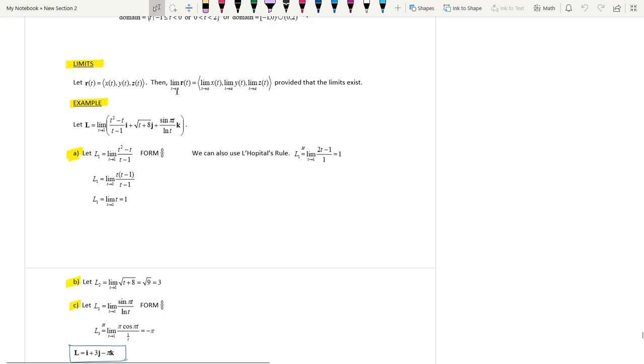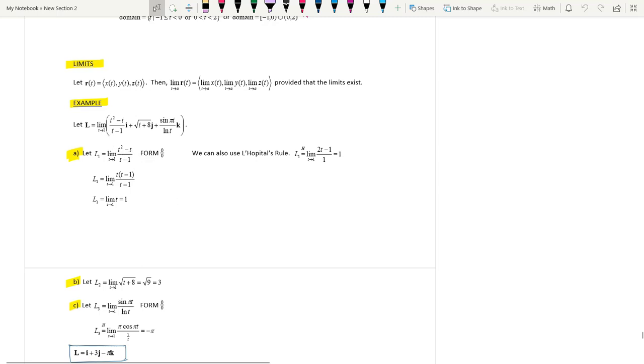Now, the limit of this vector function will exist if the limits of all components exist. That means if all of them exist, only then the limit of this vector function will exist. If any of them doesn't exist, then the limit of the vector function will not exist. To clarify this, we will discuss a few examples.